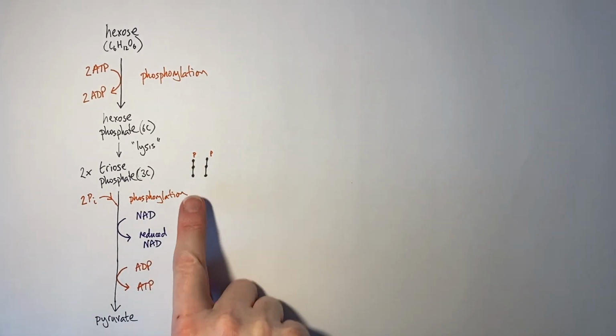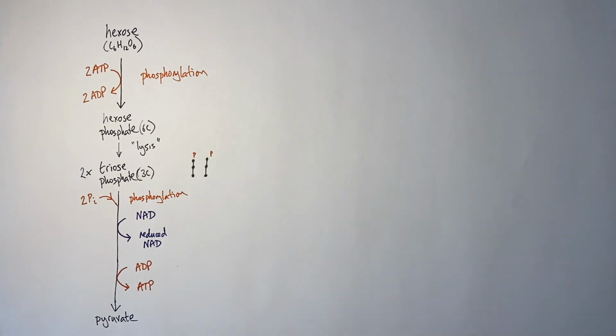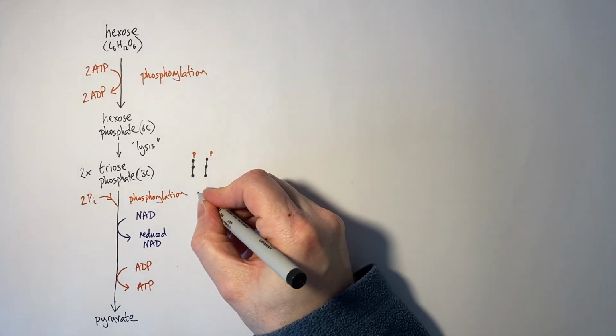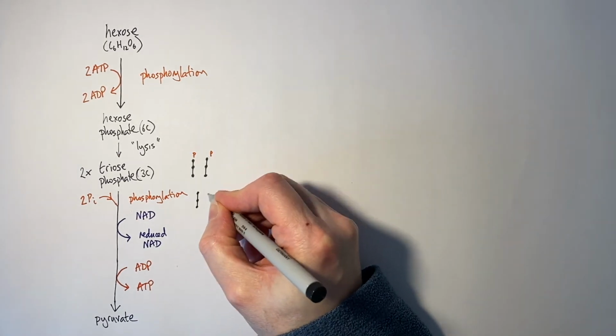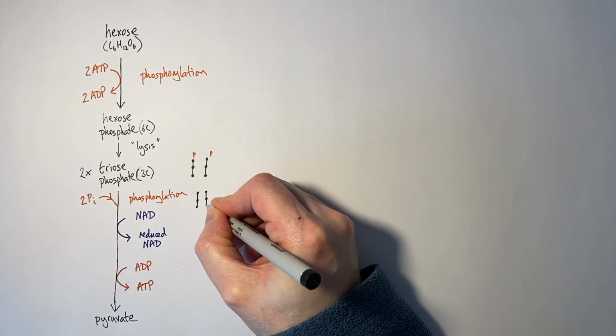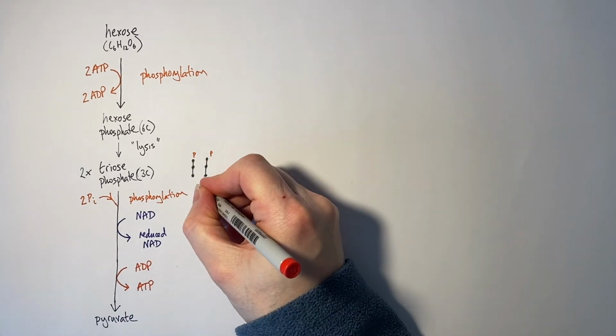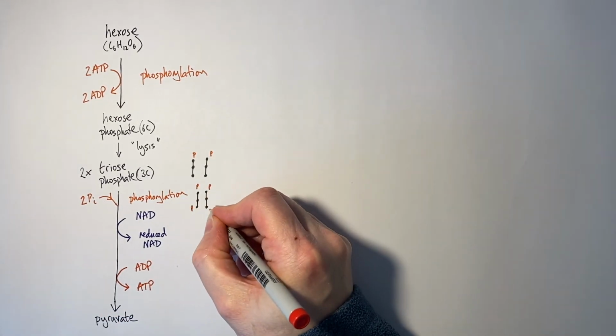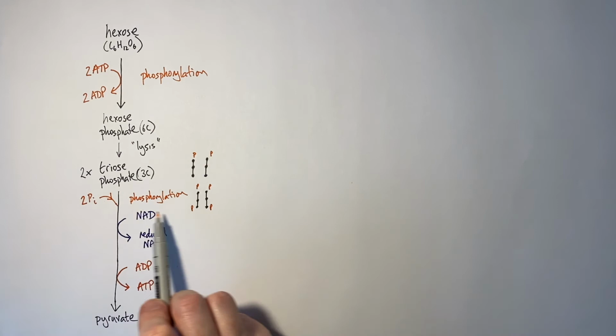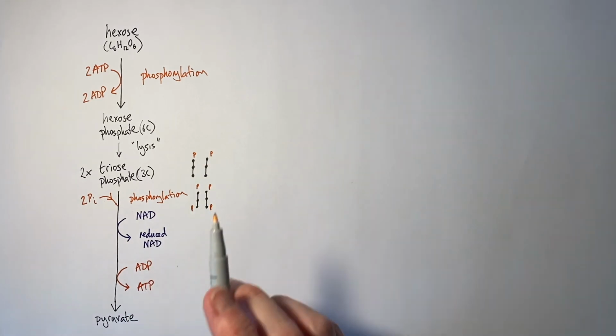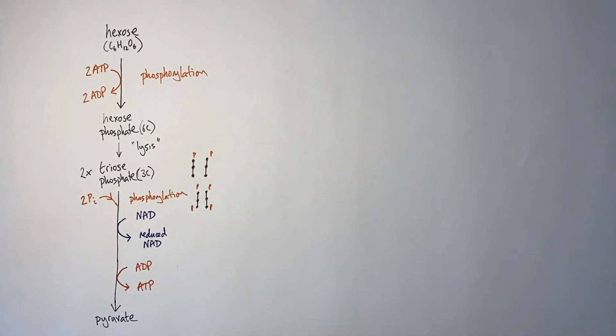Then each of those molecules, so we would now have that's what we had, and we've added an extra phosphate to each of them. Don't worry how that happens, it just does.